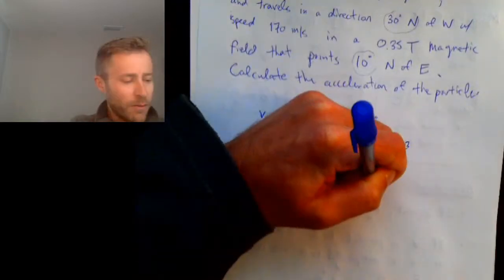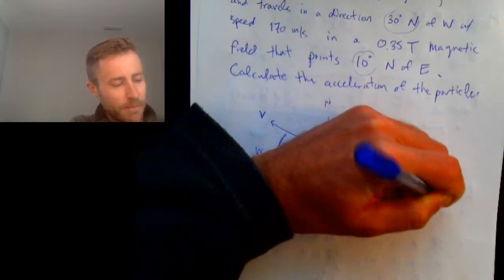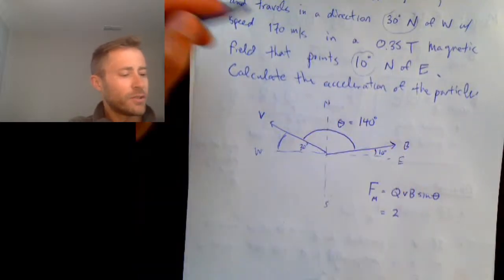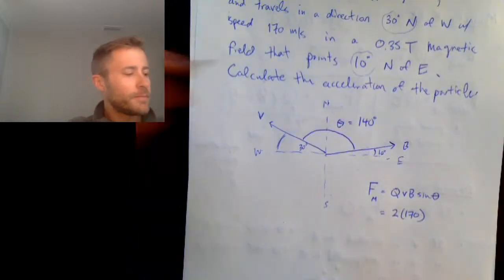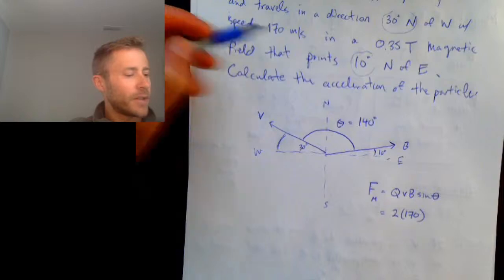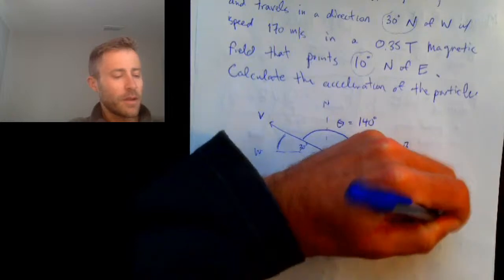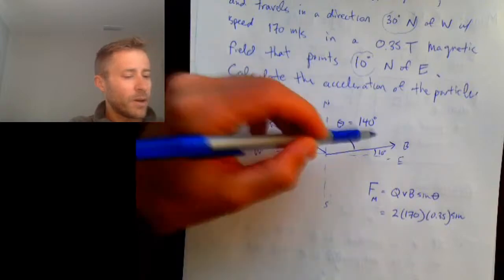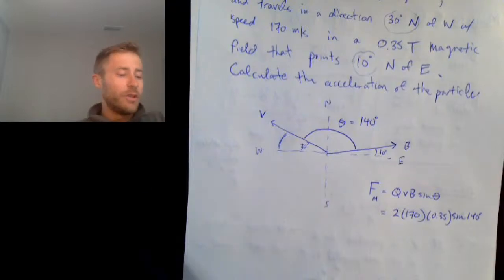So I highly recommend drawing it out so that you can tell what the angle is. So now we have the law for the magnetic force is QVB sine of theta. Q is 2 coulombs. The velocity is 170. The magnetic field is 0.35 Tesla. And the angle is 140 degrees. So now I will work that out.